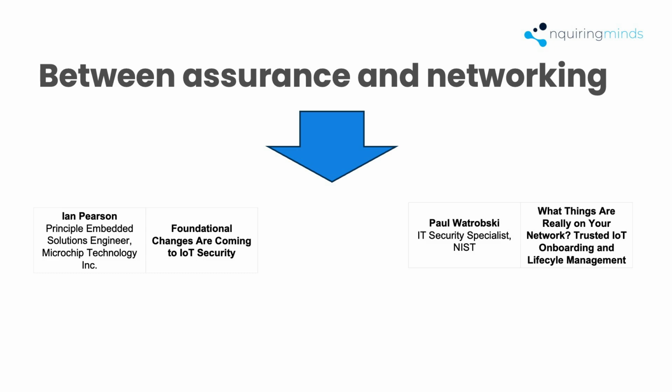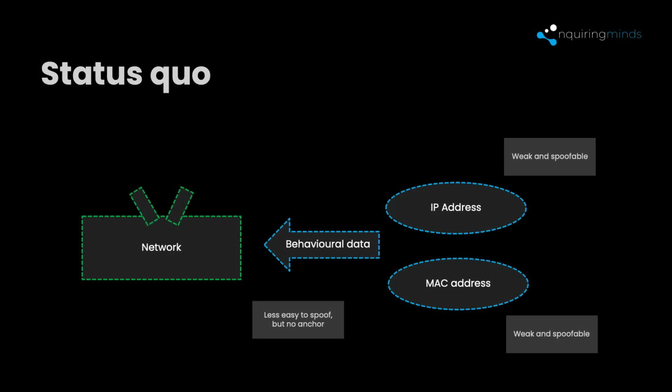When you look at the problem from the network side of things, you haven't really got much to go on. We've been looking at this problem for quite a while. If you are a router, a network, and you're trying to establish the trustworthiness of end devices, what can you work on reliably? What do most cybersecurity systems use? Well, you've got your IP address and your MAC address.